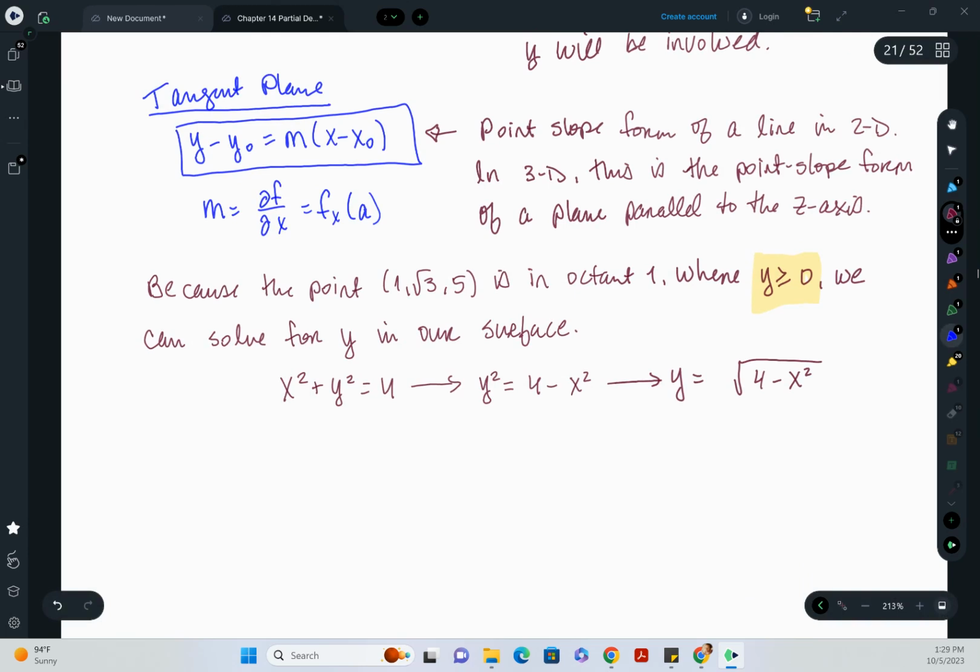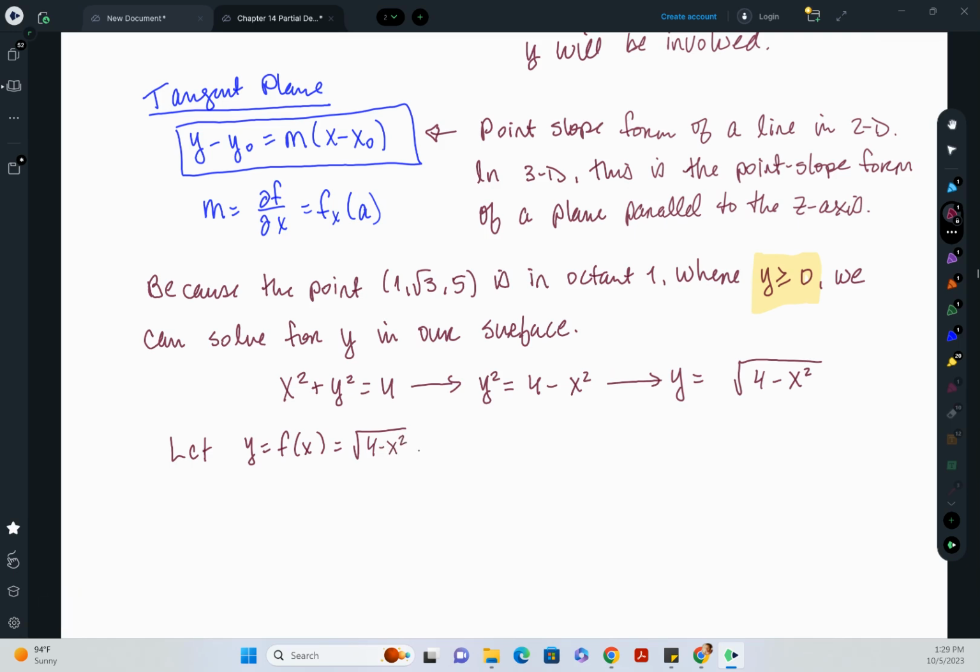Now we can go ahead and let y equal f of x equal the square root of 4 minus x squared. And then we need del f del x, or f sub x. So I'll use the f sub x notation.